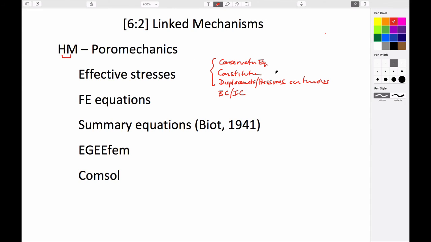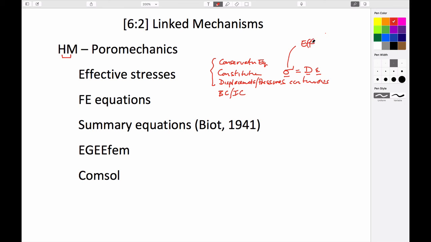Those are the four requirements we've talked about that define any solid mechanics, or any mechanics problem, really. And you'll recall that when we talked about our constitutive equation, we always linked stresses for the solid mechanics part to strains through Hooke's law. What we never defined was that the stresses that we link to strains are actually what we would refer to as effective stresses, which we'll call sigma prime.